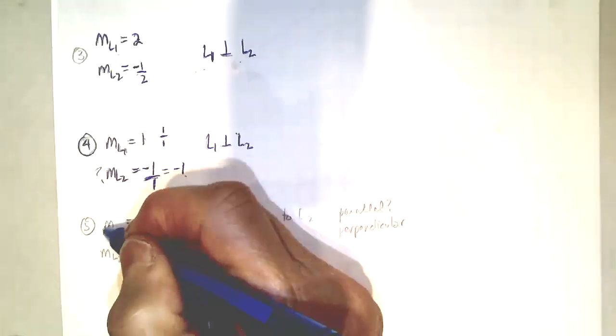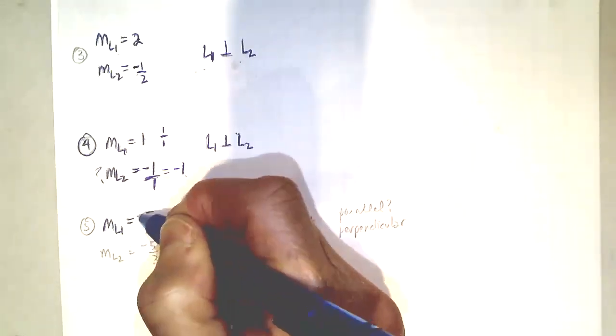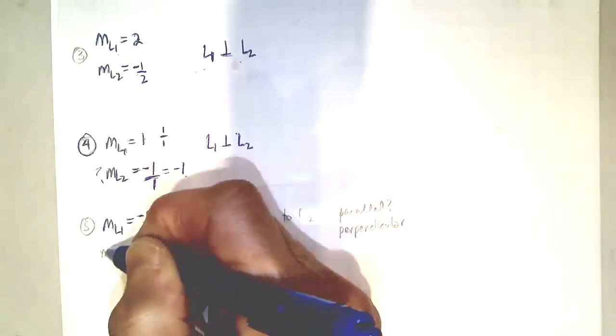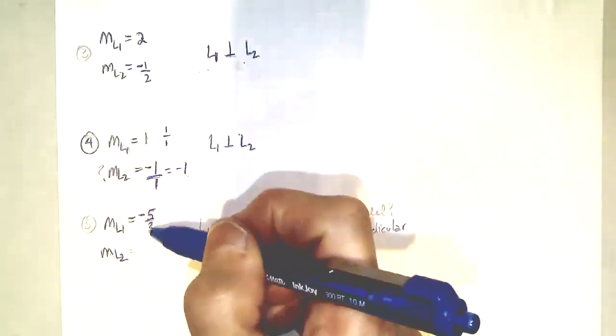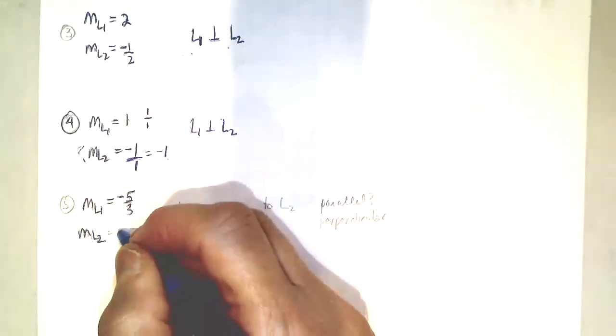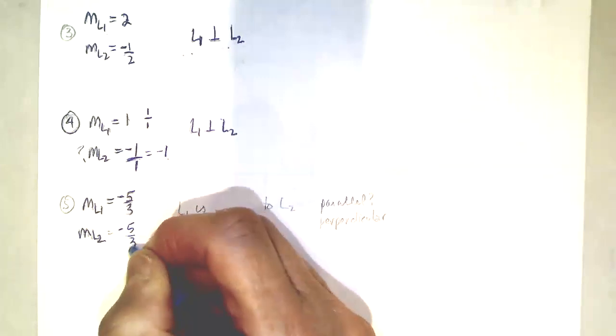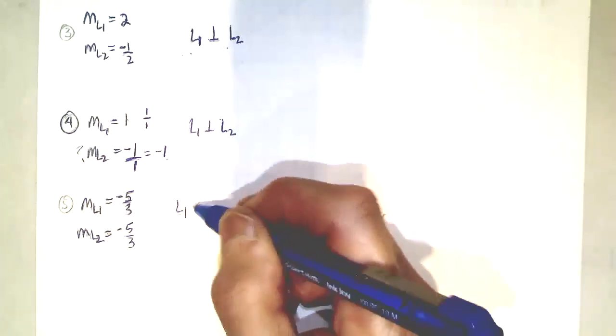And then the last one, which says if the first line has a slope of negative 5 over 3, and the second one has a slope of negative 5 over 3, fill in the blank.